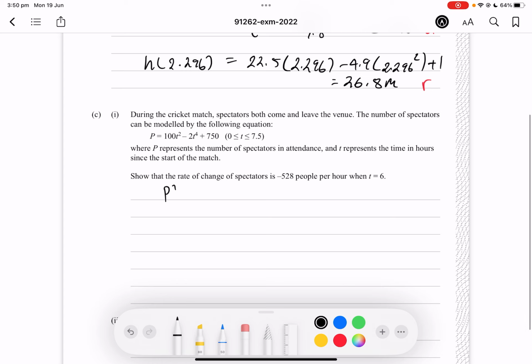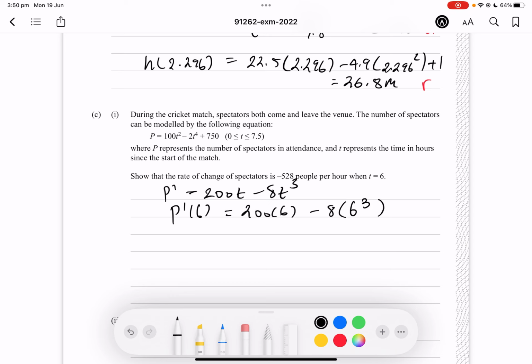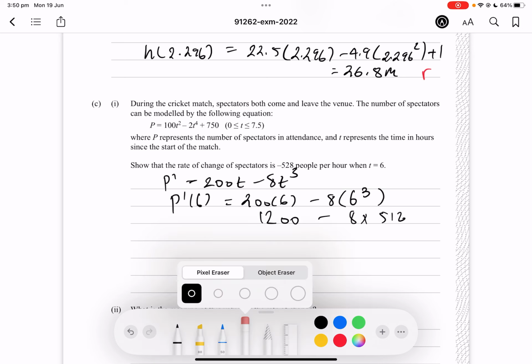It's a relatively simple question again, so we're just going to find the derivative and then plug in t equals 6, and we should get an answer of -528. So p dash equals 200t minus 8t cubed. So therefore p dash of 6 equals 200 times 6 minus 8 times 6 cubed. That would be equal to 1200 minus 8 times... I don't have my calculator with me today, unfortunately, but you can just plug that into a calculator.